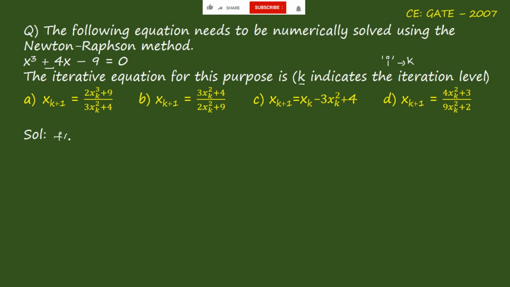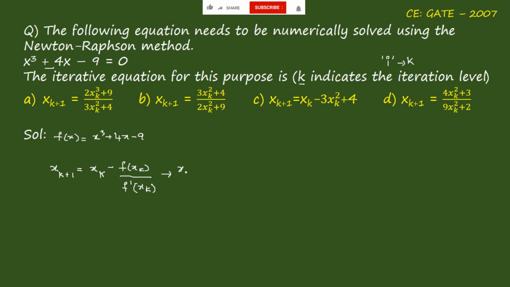So f of x is equal to x cube plus 4x minus 9, right? And the Newton-Raphson method formula is x of k plus 1 is equal to x of k minus f of x of k by f dash of x of k. So we have to find the iterative equation of it. Just solve it.